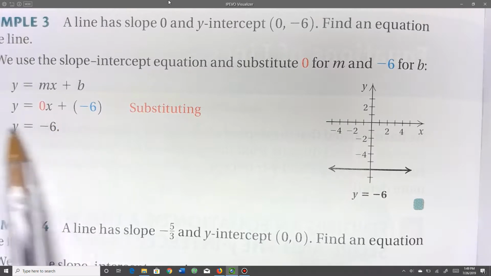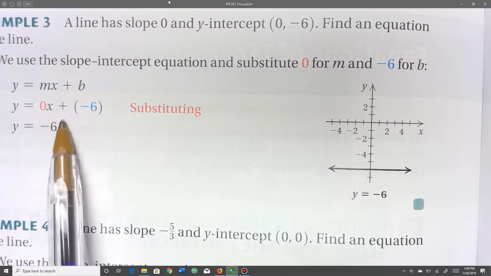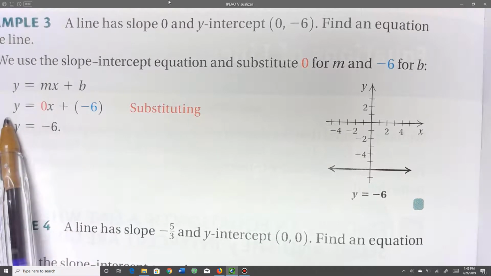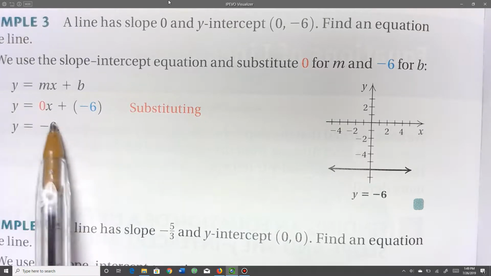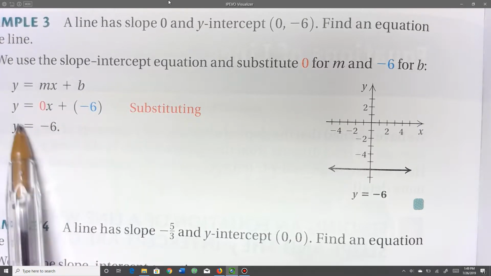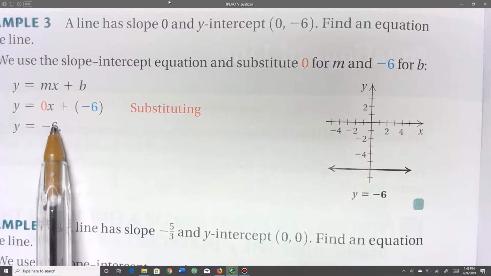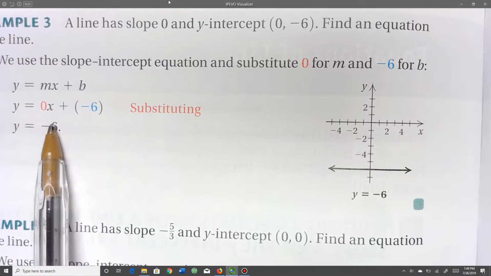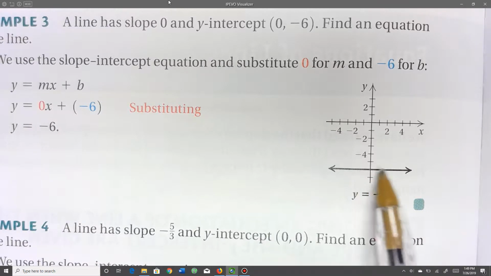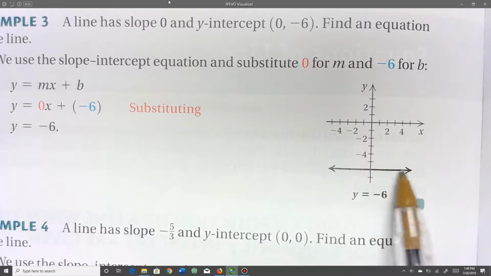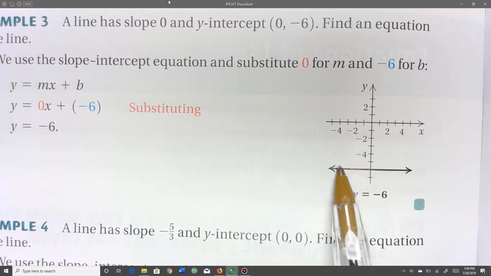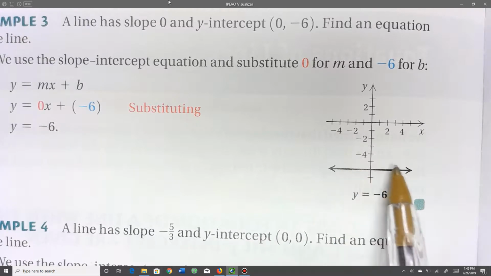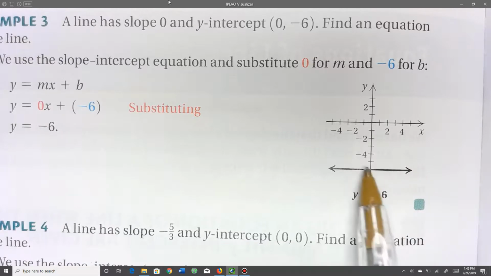Whenever you're missing a variable, it doesn't make a difference if you're missing x or if you're missing y. All it means is that for that graph, the y values are all going to be the same. For my points, the x values are going to be different, however, the y values are going to be -6 for all these points.